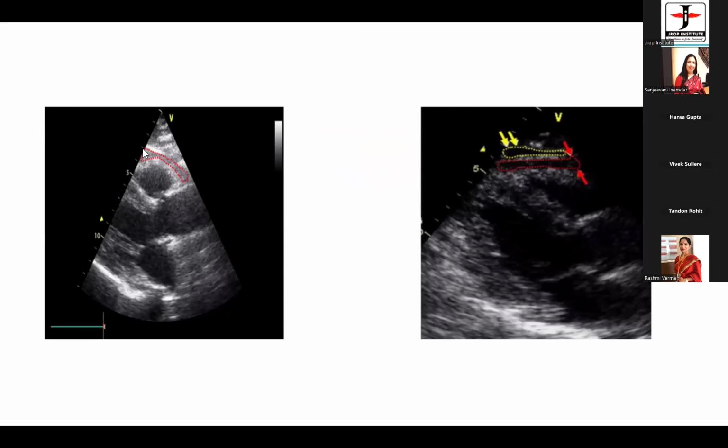This red dotted area anterior to the right ventricle shows an echolucent area, which is epicardial fat. And in this second picture, above this red dotted area, the yellow dotted area occupies the pericardial fat.